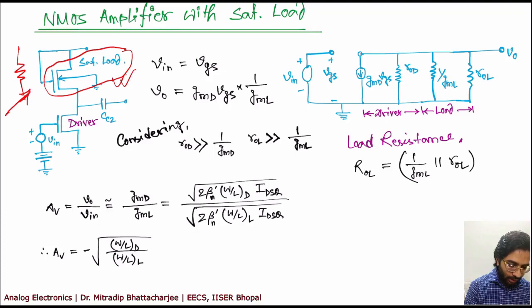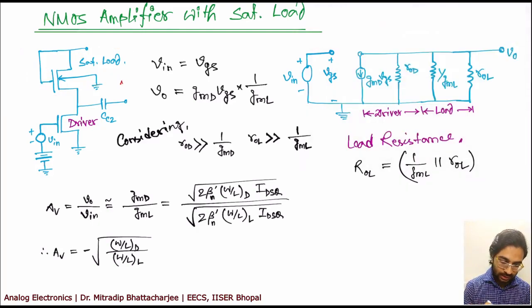So this NMOS is basically acting as a resistor, and whichever NMOS is acting as an amplifier, we call it the driver, and whichever NMOS is acting as a load, we call it the load, right? Now the equivalent circuit of this is shown here. So you have Vin, you have VGS, then the current is GMD VGS. What is MD? MD refers to the driver. So we are considering this NMOS.